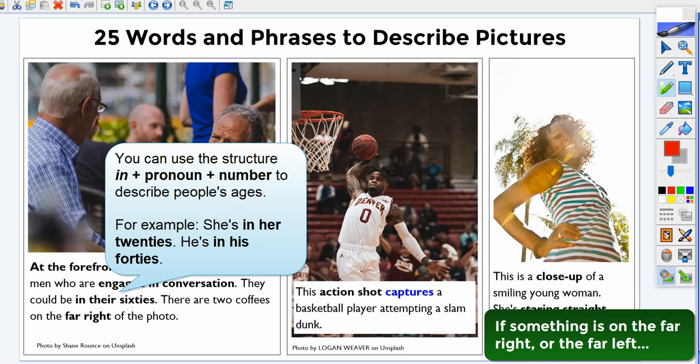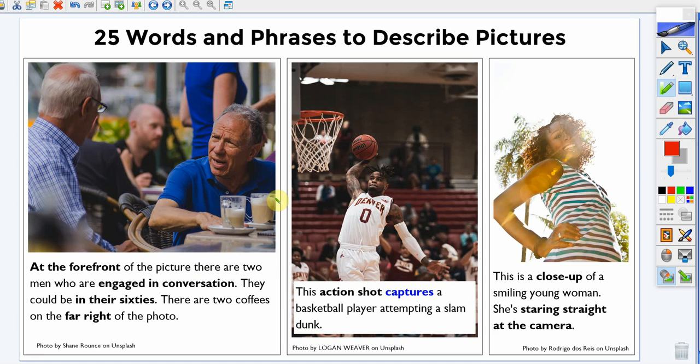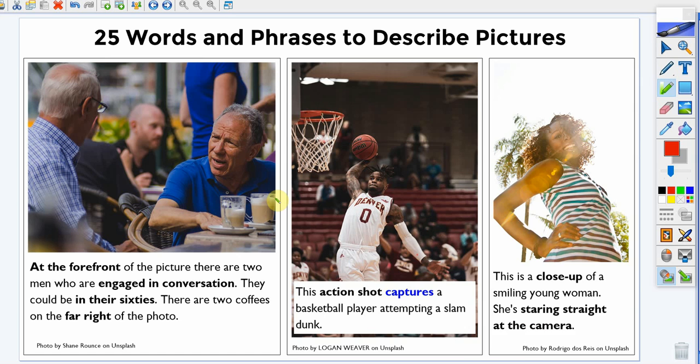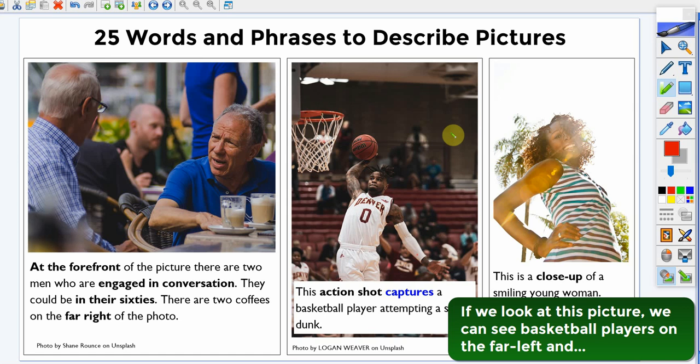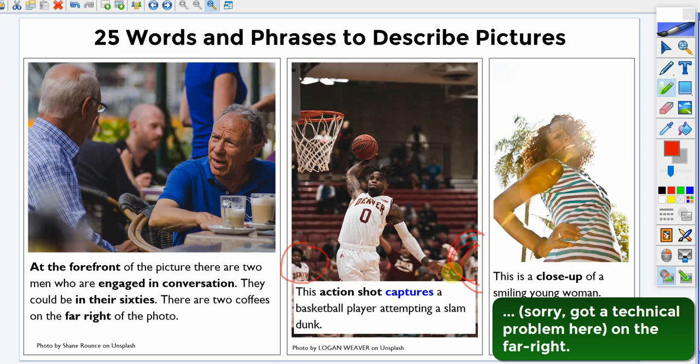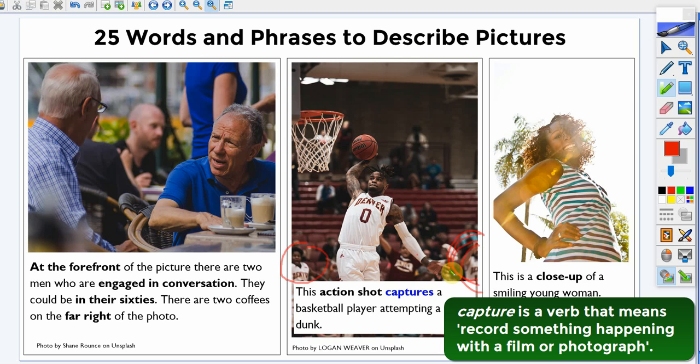If something is on the far right or the far left, that means it's close to the edge of the photo. If we look at this picture, we can see basketball players on the far left and, sorry, I've got a technical problem here, on the far right. Capture is a verb that means record something happening with a film or photograph.